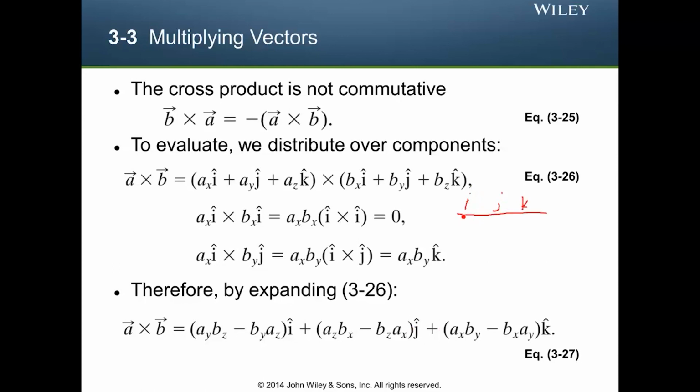And then within that, for A, we have AX, AY, AZ. And then that's going to be crossed with BX, BY, BZ.